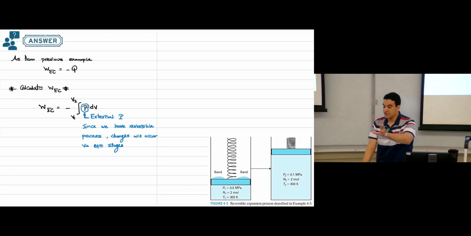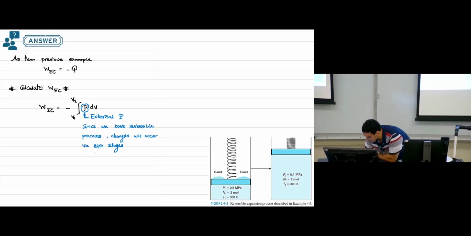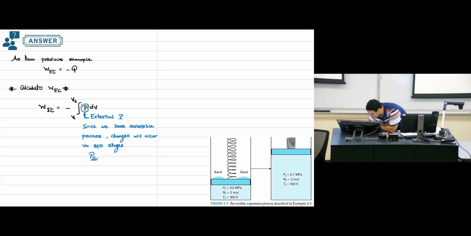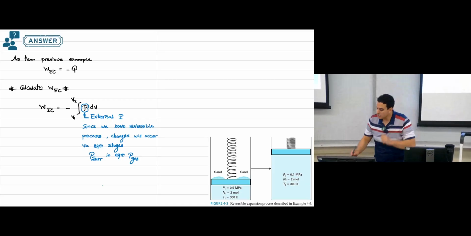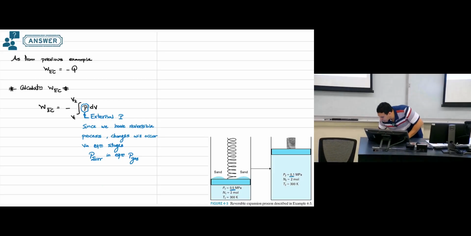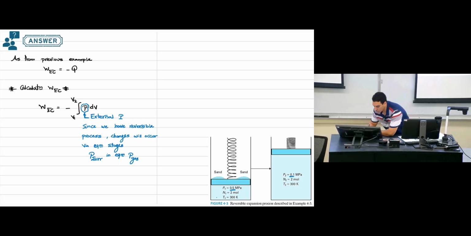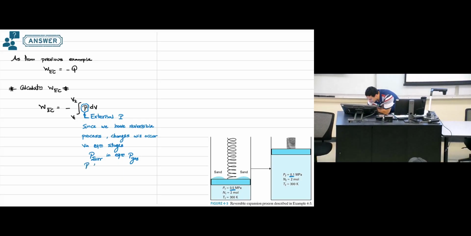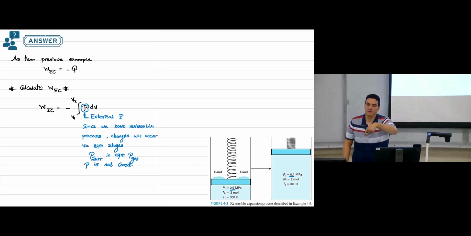So this means the external pressure and the internal pressure are in equilibrium. This external pressure, the pressure of the surrounding, can be approximated as in equilibrium with the pressure of the gas inside the piston. And the pressure of the gas in the piston is 0.5, becomes 0.1, so it is not constant. Is this one clear? So we can't take the pressure out of the integration in this case.